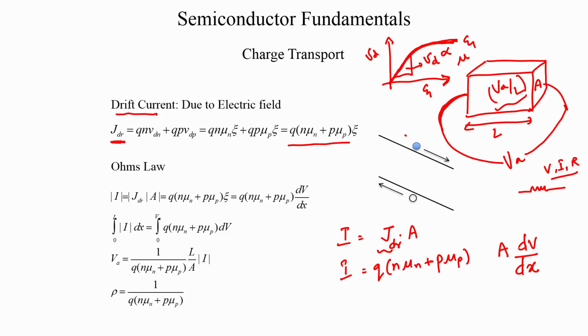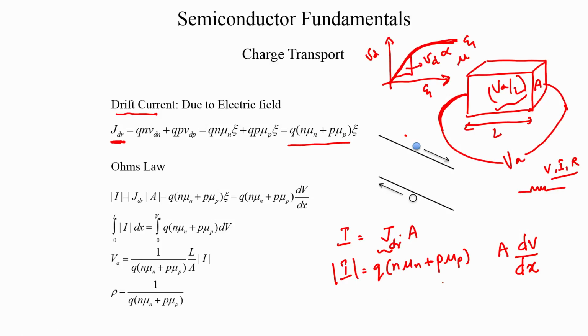So we will not worry about the electric field being minus dV by dx, we will just say dV by dx and instead use the modulus of the current. So this happens to be the current through the device.